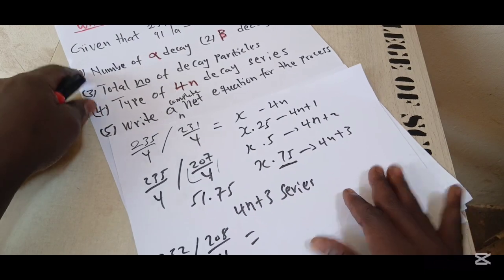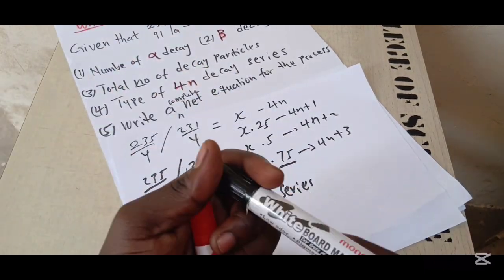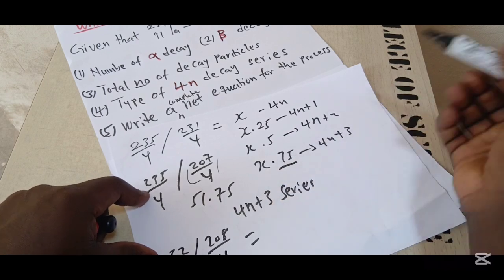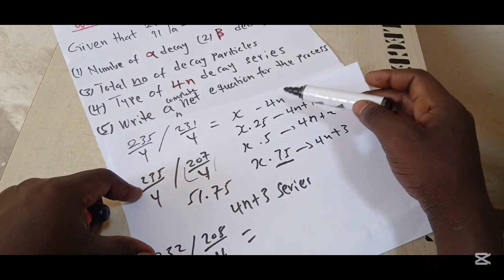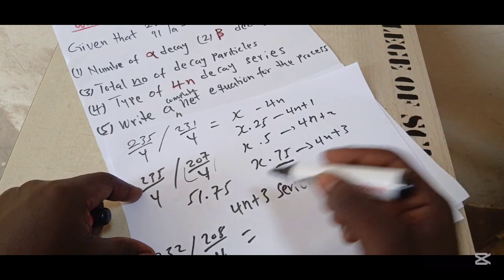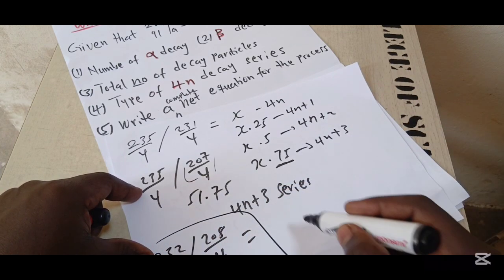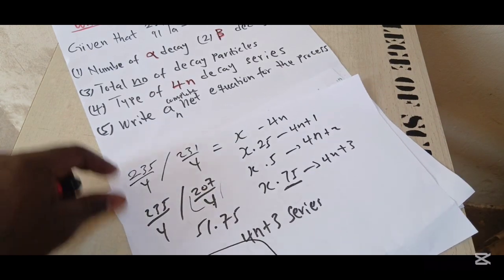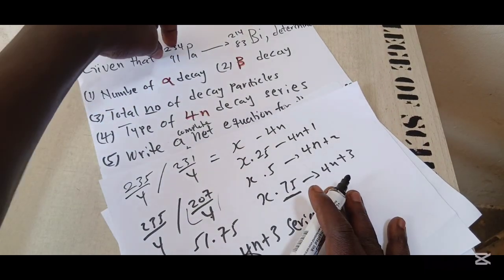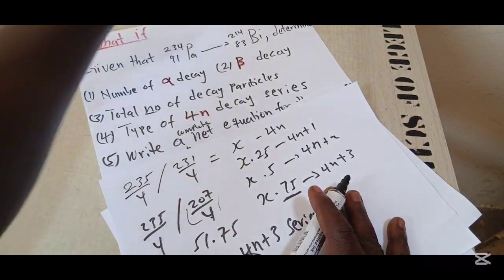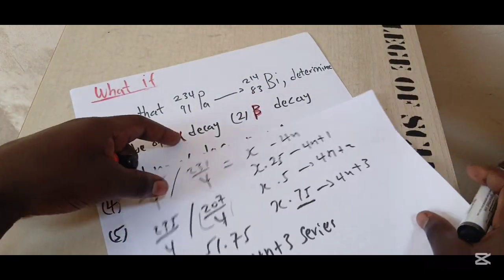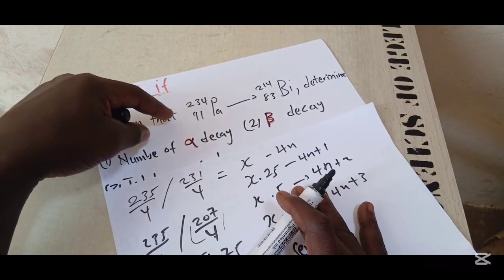Number 4 asks for the type of 4n decay series. The decay series types are 4n, 4n plus 1, 4n plus 2, and 4n plus 3. How do we know which one this is? We just look at the masses, either the mass of this nuclide or the mass of that nuclide, and divide it by 4.